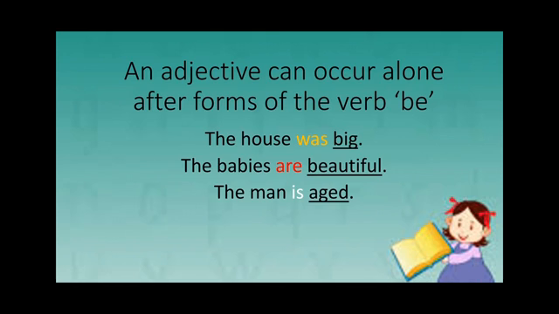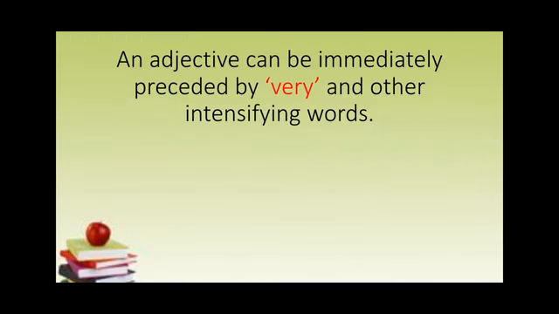The man is aged. I am intelligent. You see the adjectives are occurring alone, okay, after the verb to be. An adjective can be immediately preceded by very and other intensifying words, okay?